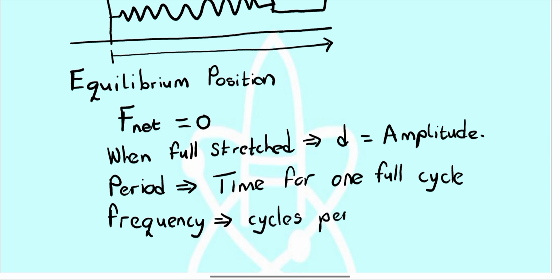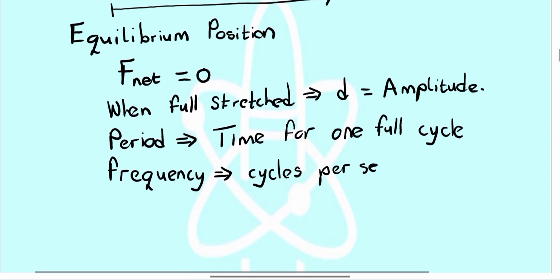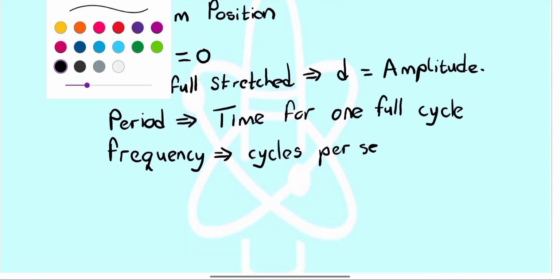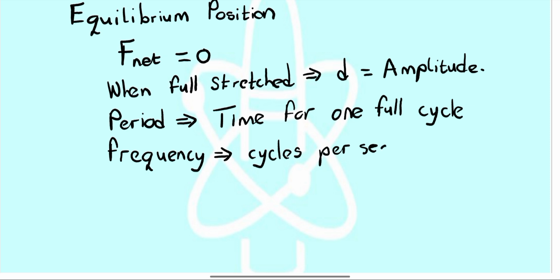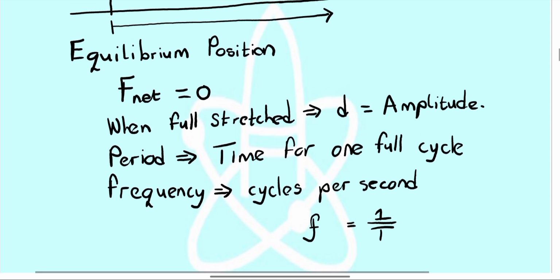It is still given by the same formula that you know, which is 1 over period. But we are going to look deeper into this concept. This was just an introduction to periodic motion.